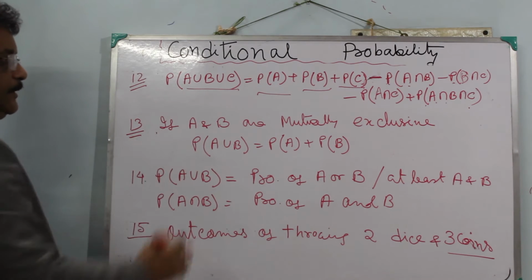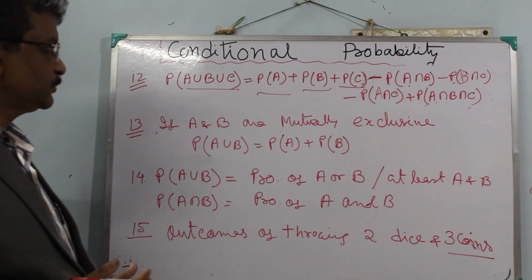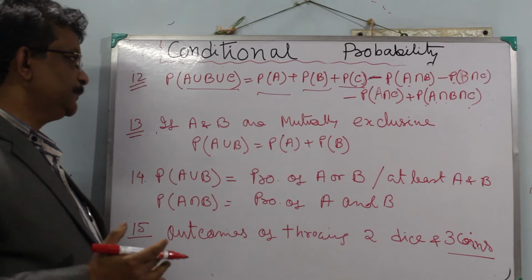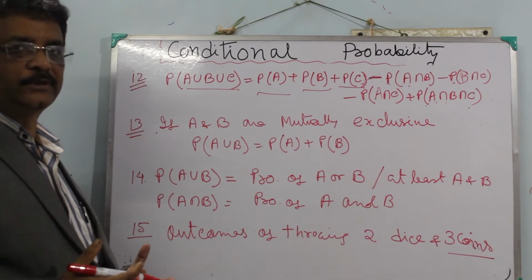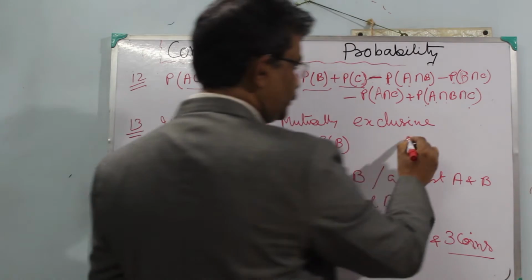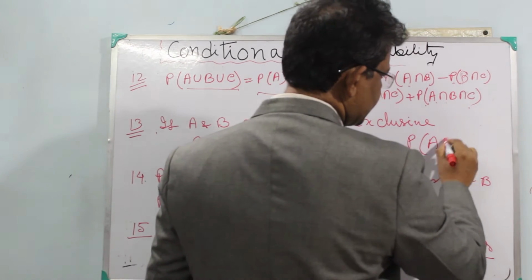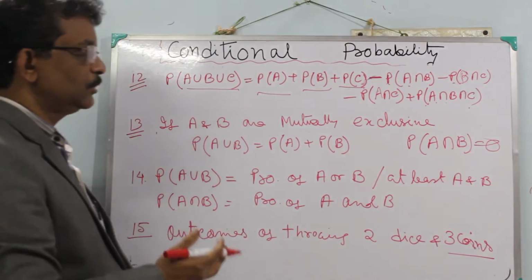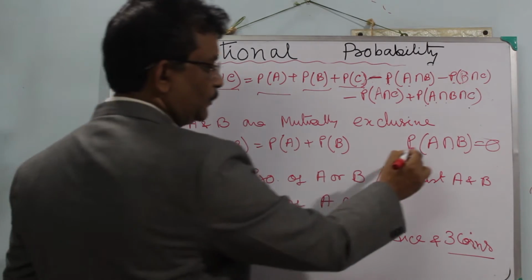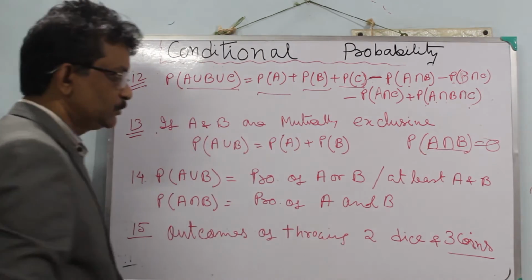Next, if A and B are mutually exclusive, I have already discussed, then both cannot occur simultaneously. That means probability of A intersection B is equal to 0, because intersection means both A and B, so it is not possible.